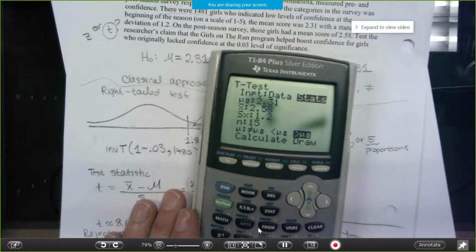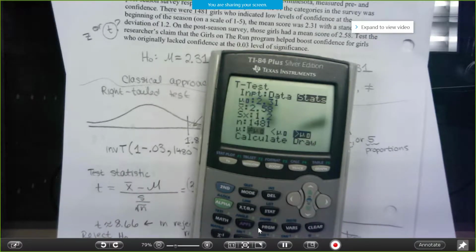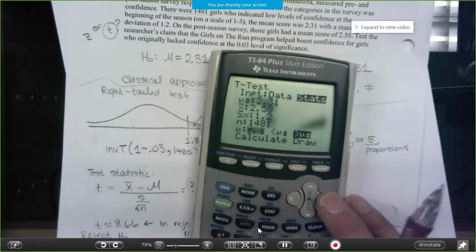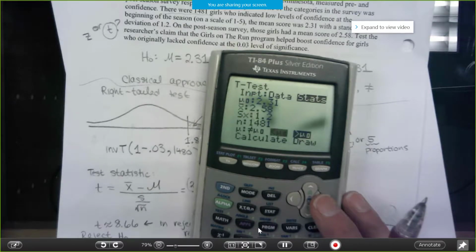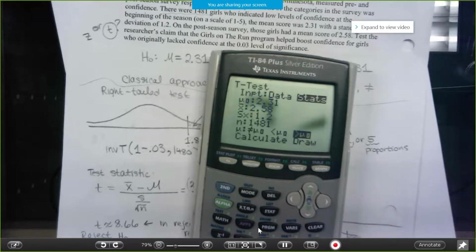And n is 1481. And then we have to choose what type of test. We're just choosing what's in the alternative: did we choose the not equal symbol, the less than symbol, or the greater than symbol? And we had the greater than symbol, so we want that highlighted. And then go down to calculate and press enter.